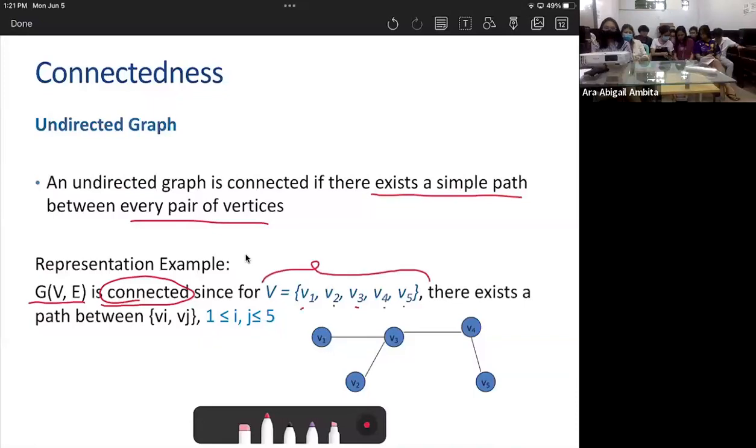Okay, and then there exists a path between V sub i to V sub j. So meaning, galing dito sa V sub 1, let's say, papunta sa V sub 4, papunta sa V sub 5, and so on.